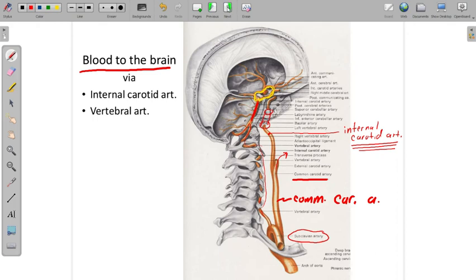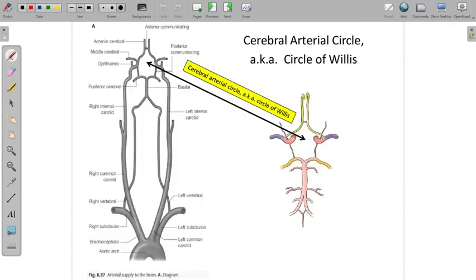Okay, the next slide is a schematic. So you should be able to figure out everything on the left once we go through it. So again, here's the arch. Here's your first branch, second branch, third branch. You know what those are named. And here is the left subclavian.